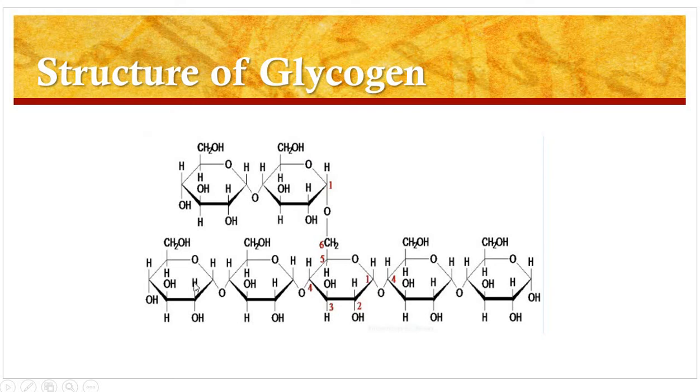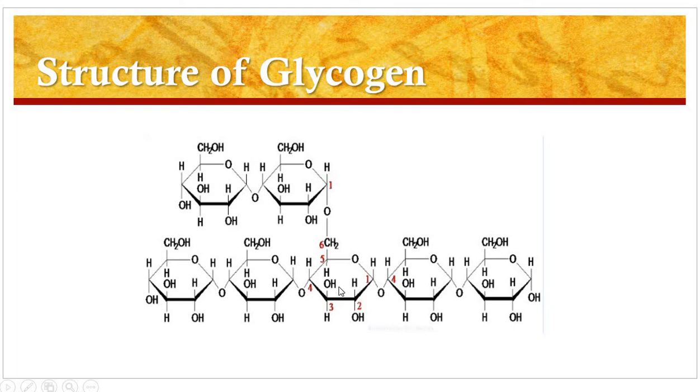Here in this chain, the first carbon of one glucose molecule is linked with the fourth carbon of another glucose molecule to form the basic chain, and this is known as 1,4 linkage. And at about every 10th residue there is a branching.